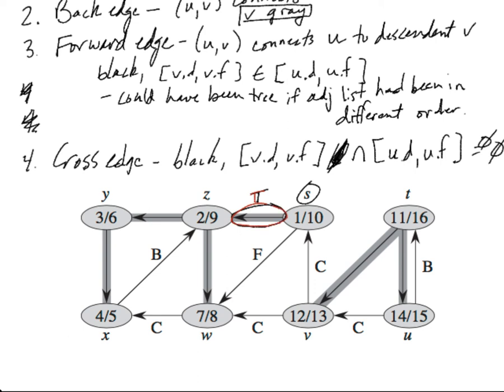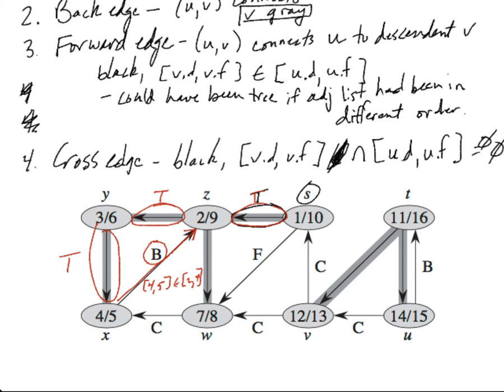Then Z visited Y. Y was white, so that's a tree edge. Y visits X. X was white, that's a tree edge. Now X looks at Z. Z is now gray. It's been visited, but it hasn't been completed. And so that's a back edge. It's looking at an ancestor. And the way we can tell that it's an ancestor is that the interval 4, 5 is in the interval 2, 9. So it's a back edge.